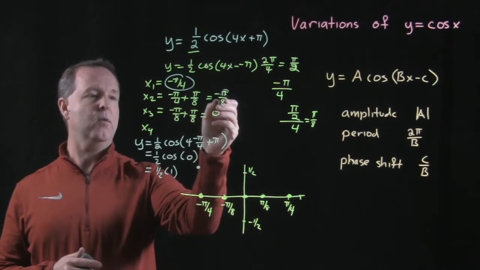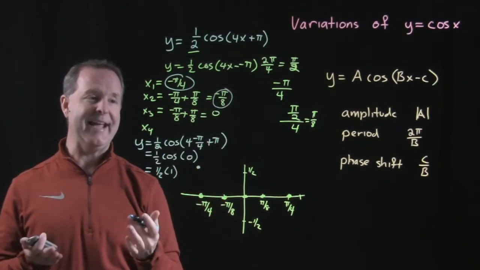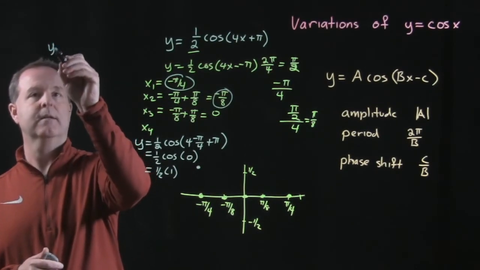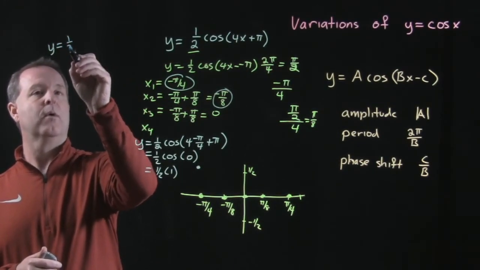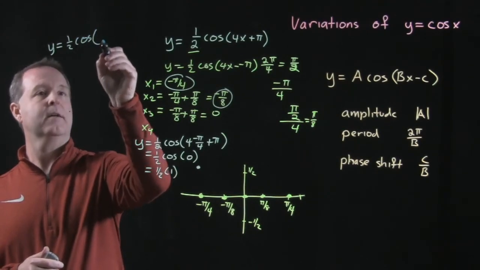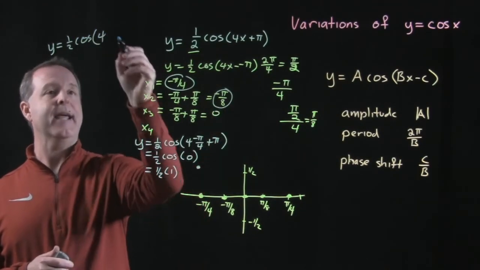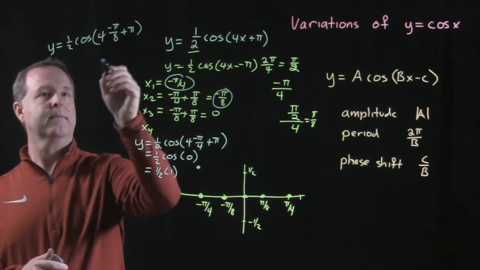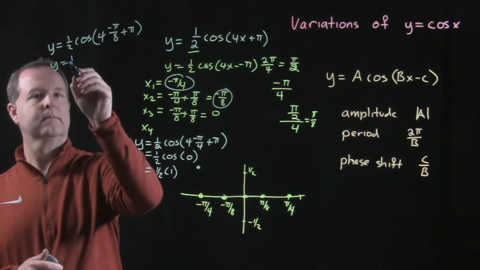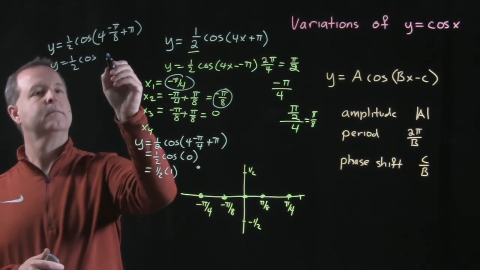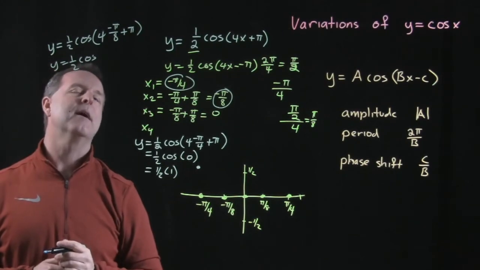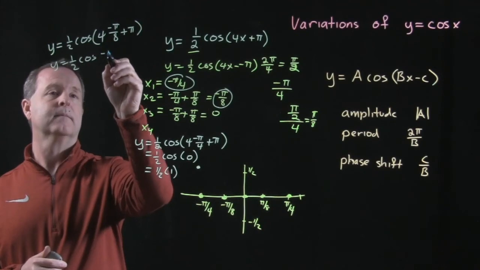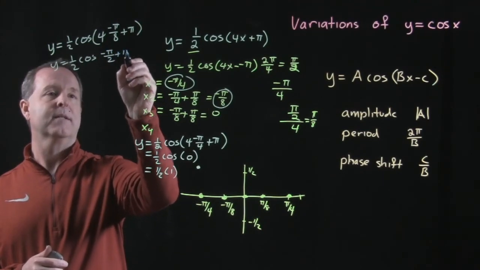So my first value at negative pi fourths is 1/2. Let's take the second value, negative pi eighths, and plug that into the process. I'll just do one more example to show you that we can do it. So y equals 1/2 cosine of 4 times negative pi eighths plus pi. That becomes, what, folks? 4/8 minus pi halves plus pi.